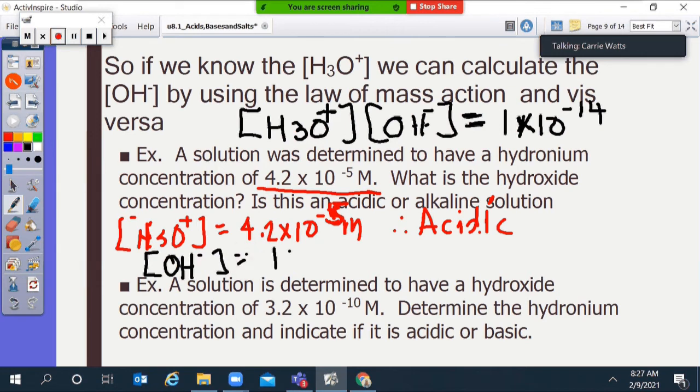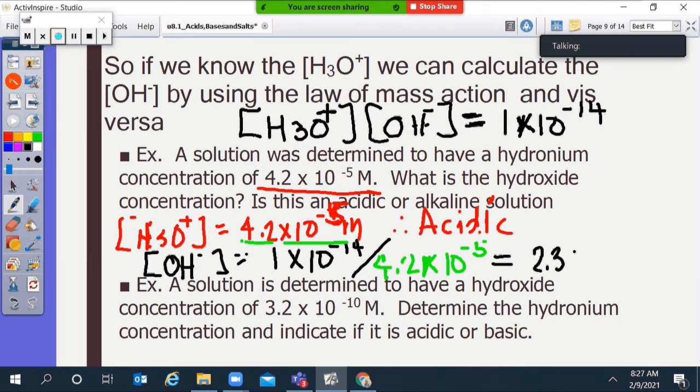When I do that, I'm going to take that 1 times 10 to the negative 14th divided by 4.2 times 10 to the negative 5th, which is my hydronium concentration. And I'm going to get my answer of 2.38 times 10 to the negative 10th molar.